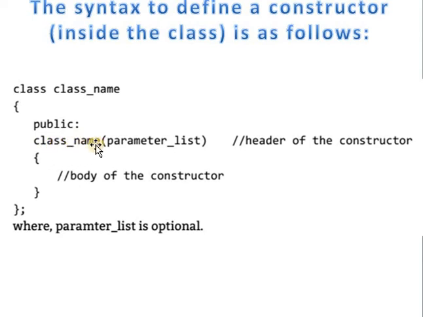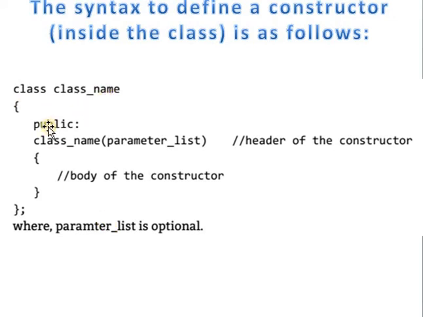Student, and the argument list means parameters are there, and the constructor body is here. And parameters are optional. There are different types of constructors that we will learn in the next lecture. This is the syntax for defining the constructor inside the class.